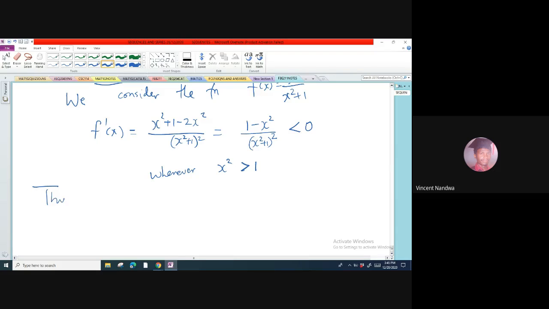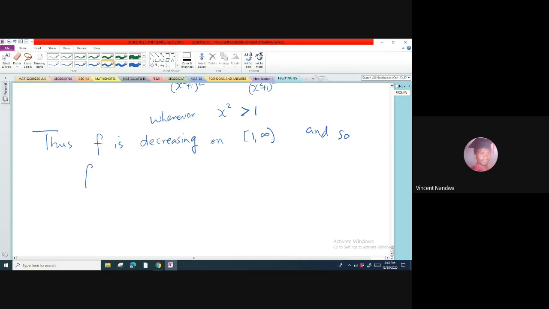So thus, f is decreasing on this interval, and so f of n must be greater than f of n plus 1.